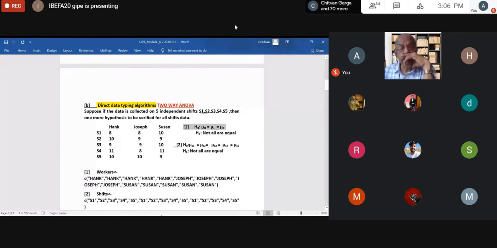One hypothesis is for workers, and the second hypothesis is for shift.